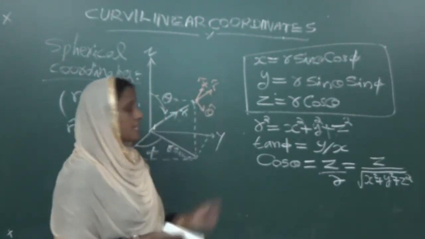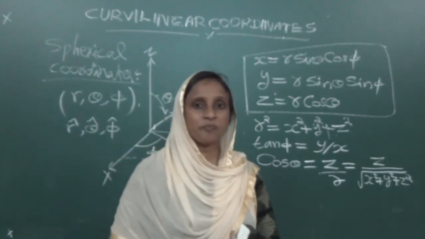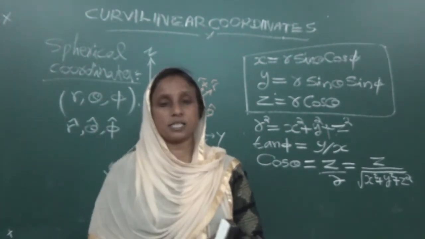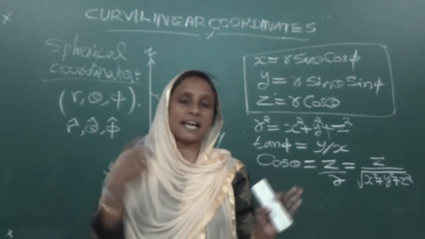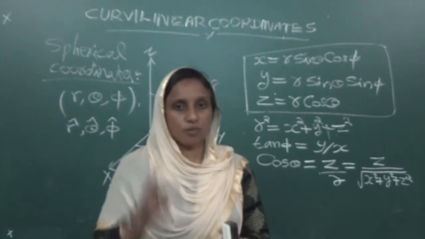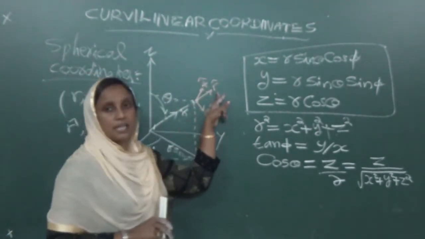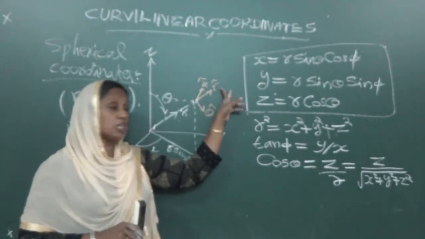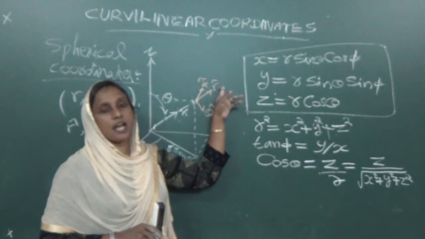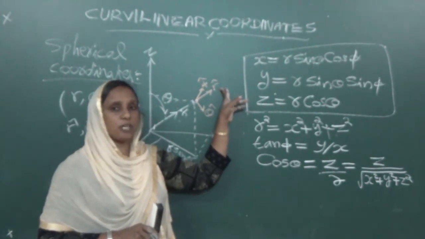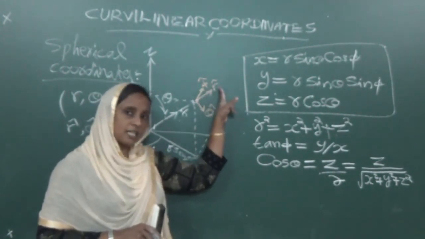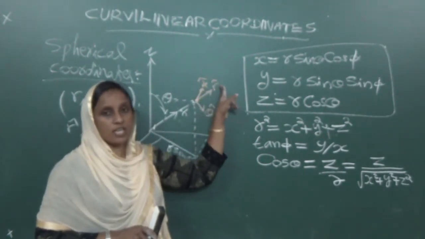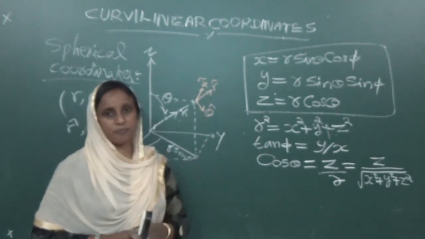So from the definition itself, we can see that the unit vectors in these two coordinate systems can be expressed in terms of the others. For example, r cap in spherical coordinate system is a function of x, y and z components. That means you can write this r cap as along x cap, along y cap and along z cap.